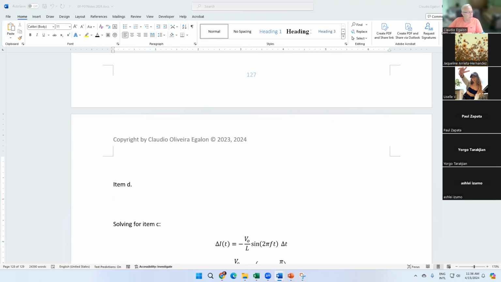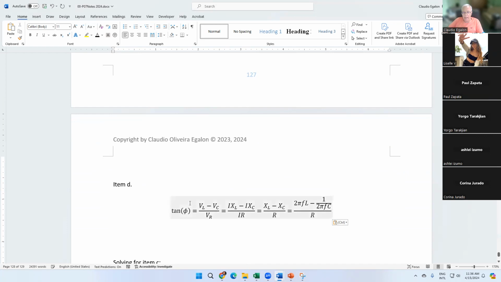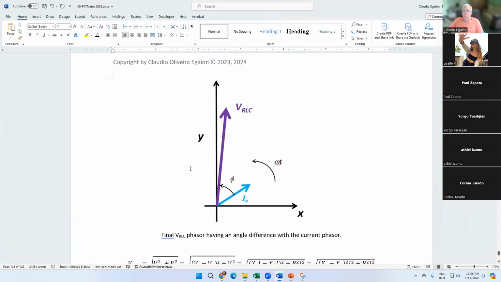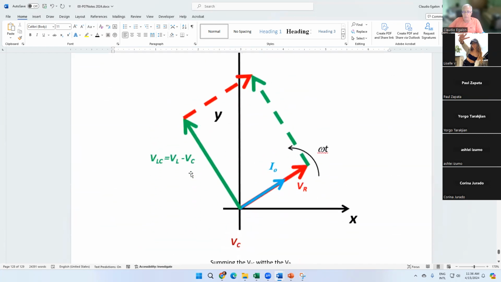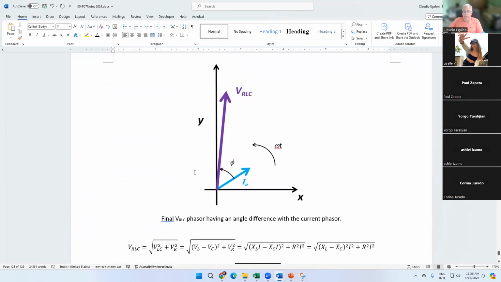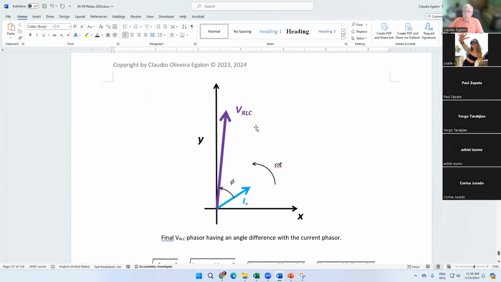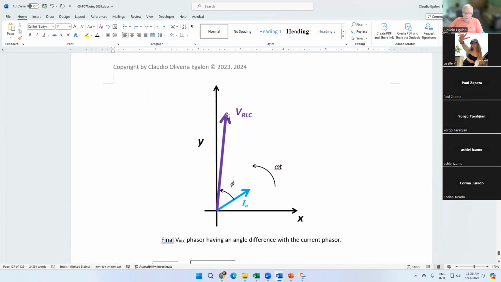It's just a matter of doing trigonometric relations, okay? So that's how you have to do. The tangent of the angle phi, just refer to this drawing right here.